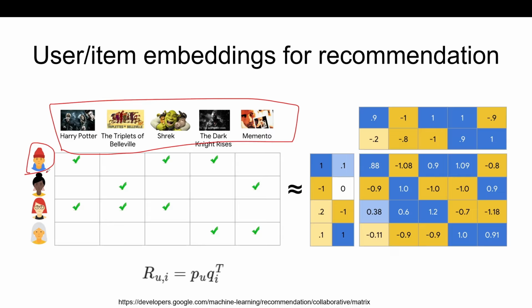For example, the first user has a high rating for Harry Potter and Dark Knight Rises, and no rating or a negative rating for others, and we have a bunch of other ratings for different users.